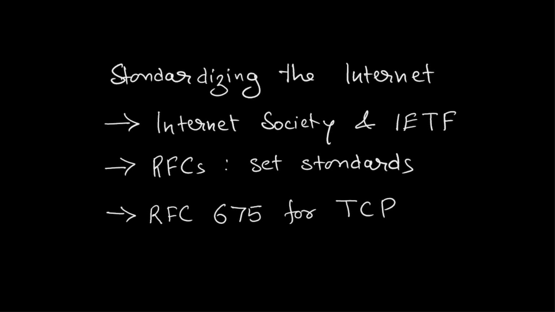These standards are proposed in documents called Request for Comments, or RFCs. They can be proposed by anyone, and experts debate and refine them until they are ready to become standards. For example, RFC 675 lays out the transmission control protocol that we'll see in detail later on.